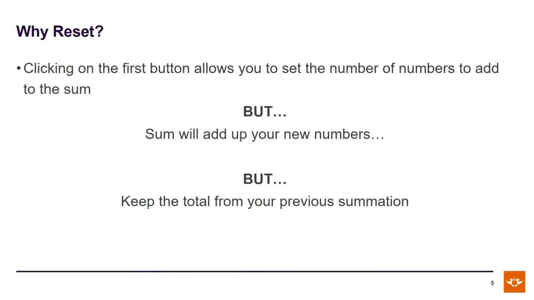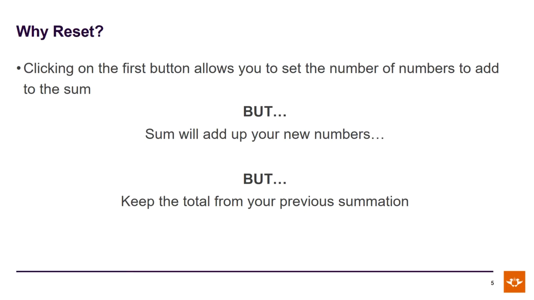Well, if you click on the first button, it allows you to set the number of numbers to add to the sum. So think about it this way, you start and you say, I have 3 numbers I want to add up, and then what happens? It allows you 3. If I go back to the first button and I say, I want to now add 5 numbers, you find that you're able to start adding 5 numbers to your sum.